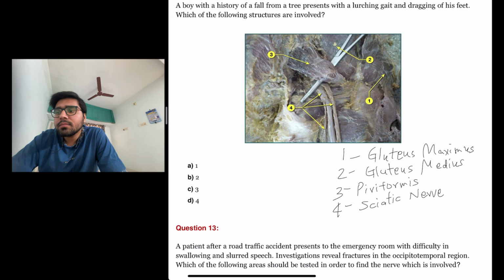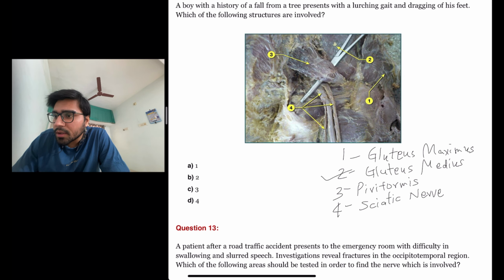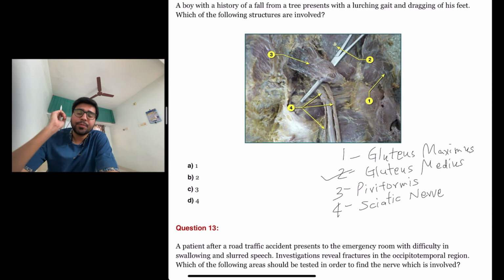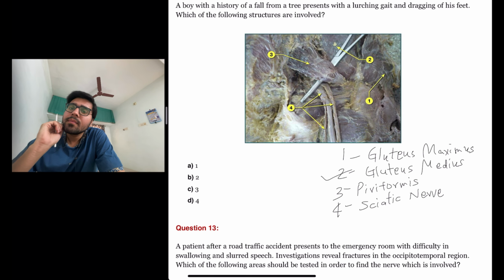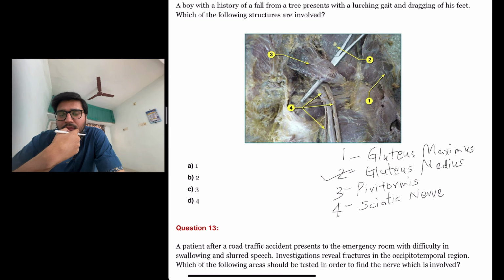So the structure that is injured here is the gluteus medius, and the structure marked as gluteus medius is number 2, because there is injury to the hip muscles which are responsible for the elevation of the opposite side by the supported side that happens during walking.